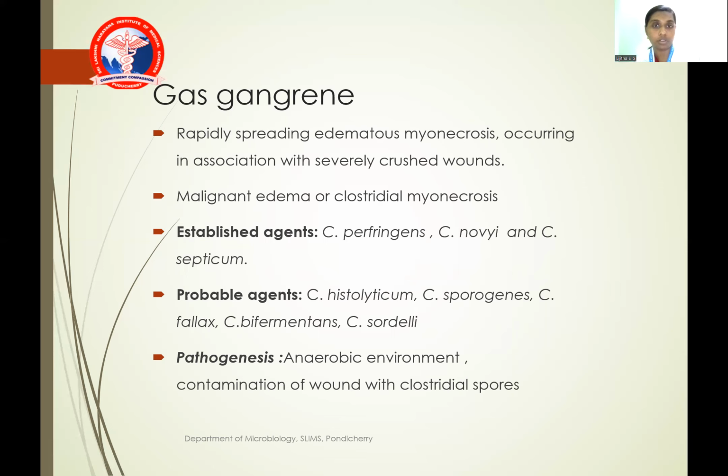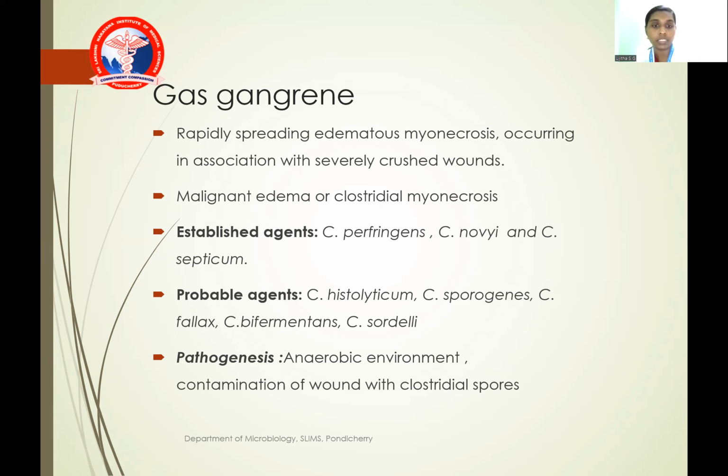So it is polymicrobial. All the infections caused by Clostridium perfringens are polymicrobial. Gas gangrene is typically polymicrobial. So along with Clostridium perfringens, you will see other species of Clostridium also. The established agents are Clostridium perfringens, followed by Clostridium novyi and septicum.